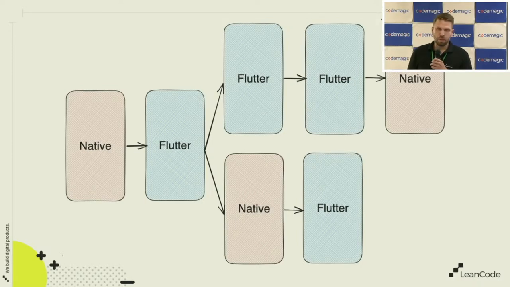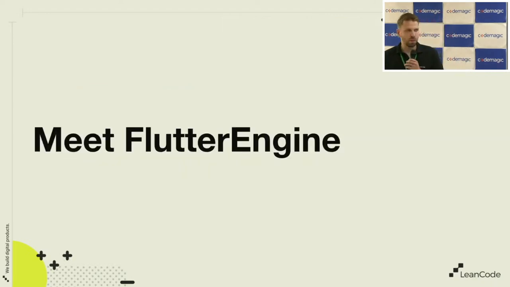Of course this brings additional challenges. First of all, you need some native bridges to start new Flutter views over native views. But most importantly, you need to deal with Flutter engines.